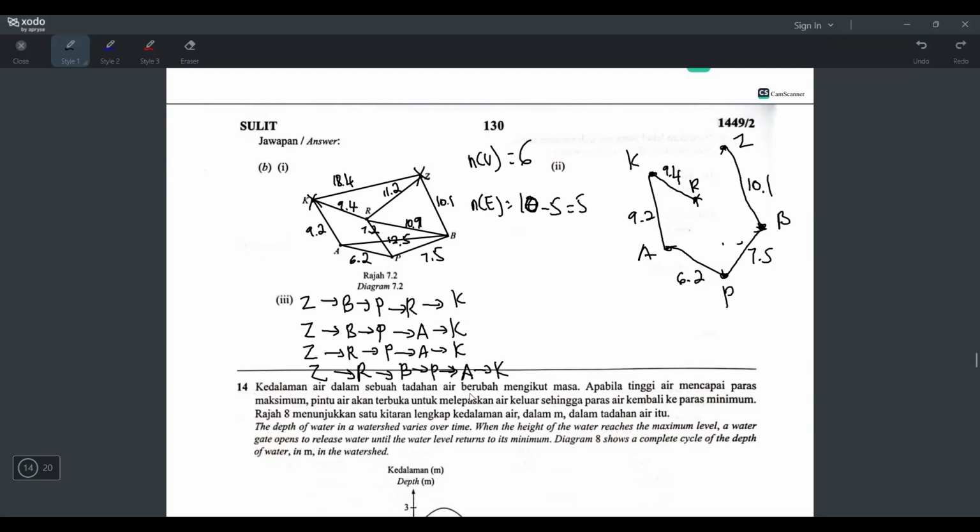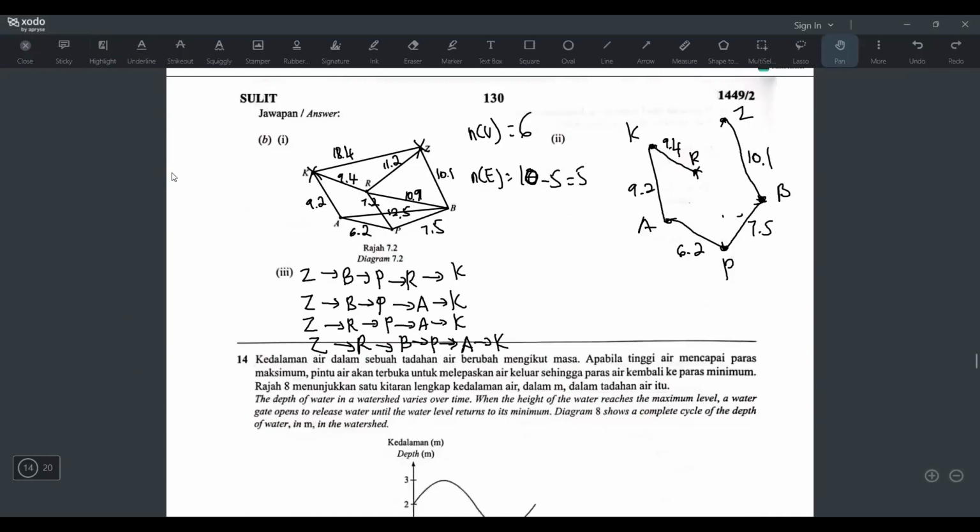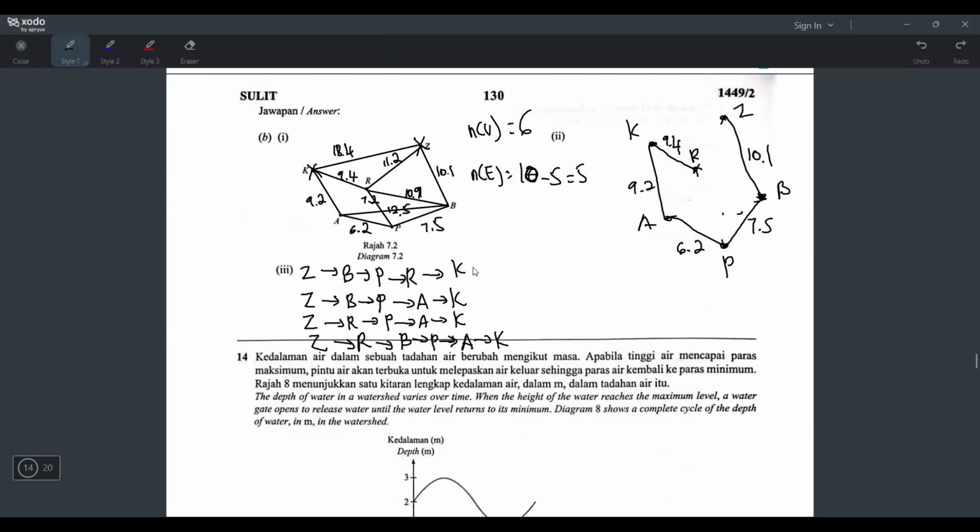So now my job is to find the distance and see which ones give me the 2 shortest routes. So I will find out the distance for all of these. The first one: Z to B 10.1 plus B to P 7.5 plus P to R 7.2 and then plus R to K 9.4.